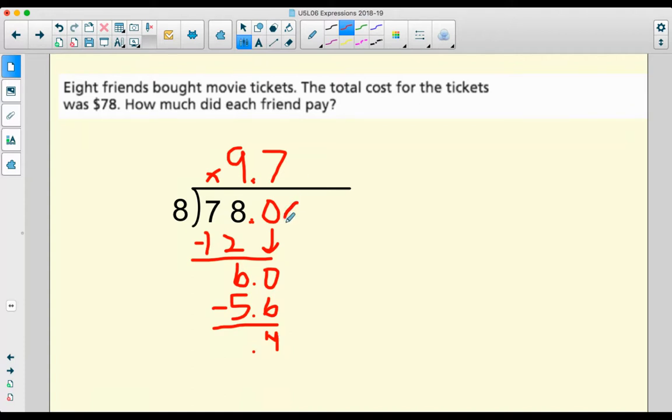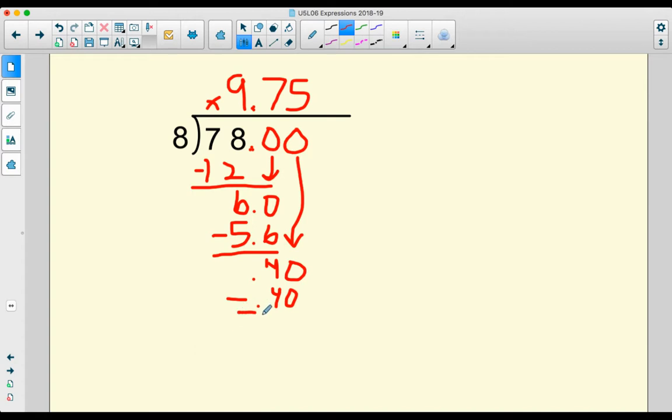So I'm going to attach another 0 at the end of 78. It's still 78, but now I have 78 and 0 hundredths. I can bring down that hundredth to ungroup my 4 tenths into 40 hundredths. Awesome. I know there's 5 8s in 40, and 5 times 8 is 40. So 8 groups of 5 hundredths would be 40 hundredths, which leaves me with nothing left.